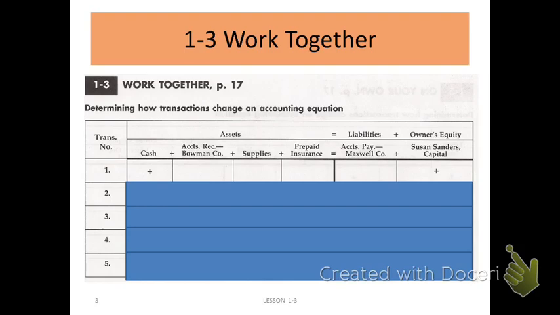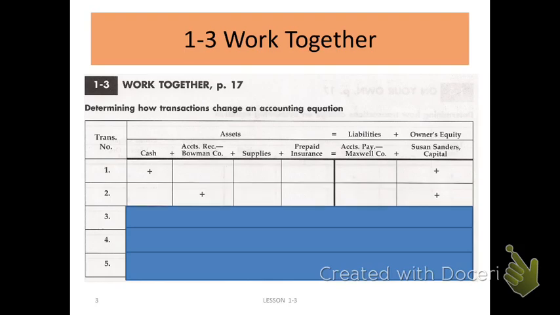Whenever a customer owes us at a later date, we're going to increase their debt to us. Therefore, accounts receivable has increased because now they owe us more money. But because we sold them something, we've increased our revenue in the form of capital. So once again, the right side and the left side of the accounting equation were both increased, same amount, therefore the accounting equation is still in balance.